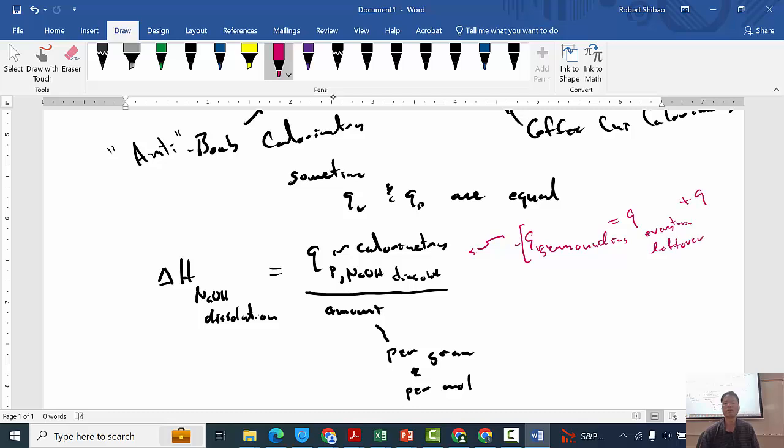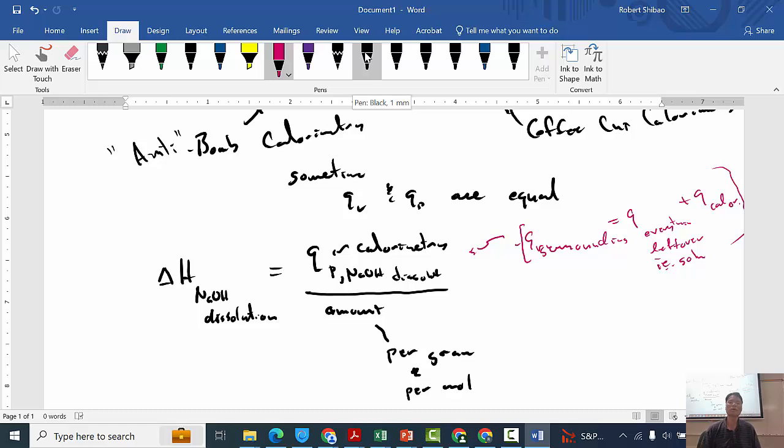The calorimetry we treat separately. Q the calorimeter, i.e. the solution. And then we could get that. So we're after the delta H of sodium hydroxide dissolution.